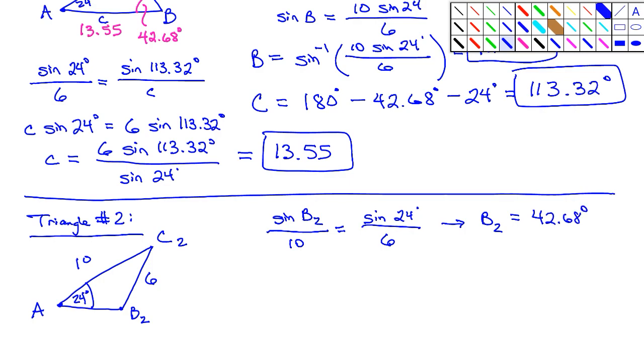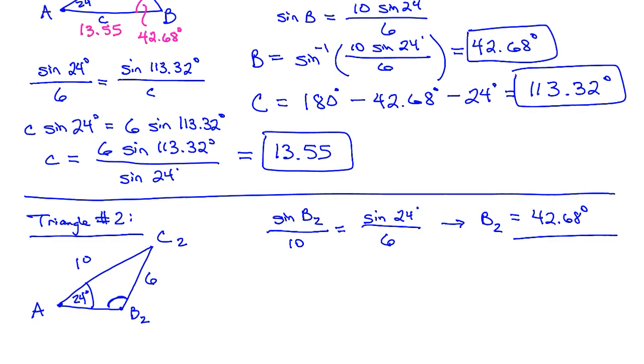So the calculator is no help here. The reason for that is because when you take the arc sine, you only get angles in the first quadrant if you're taking it of a positive quantity, which is what all these are. And clearly this angle needs to be obtuse. So how do we find the obtuse angle?